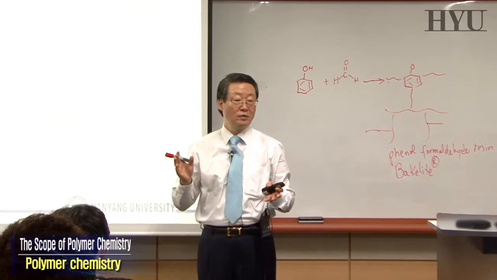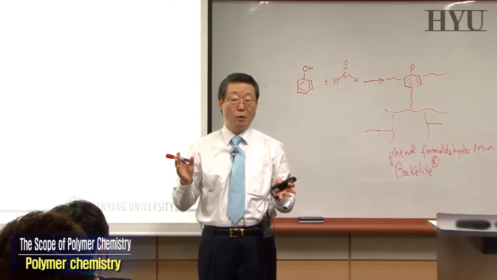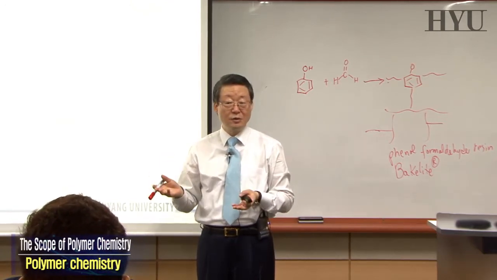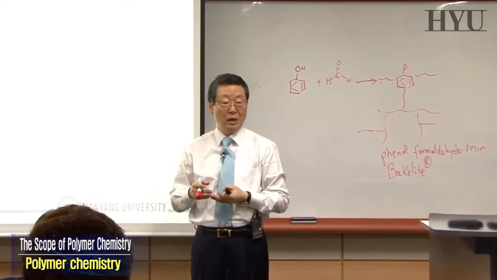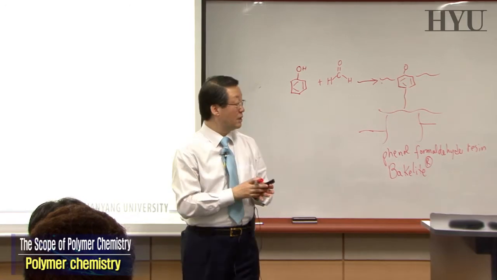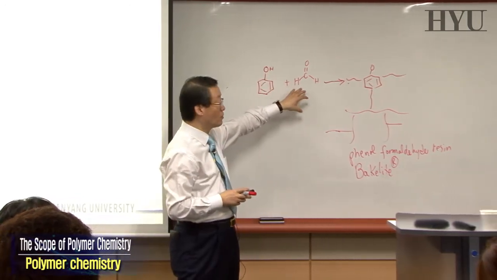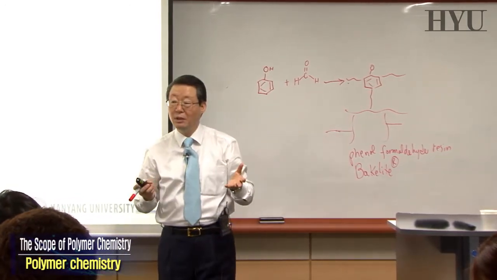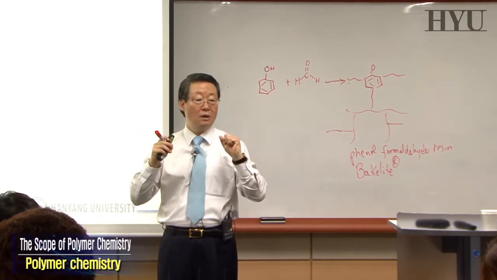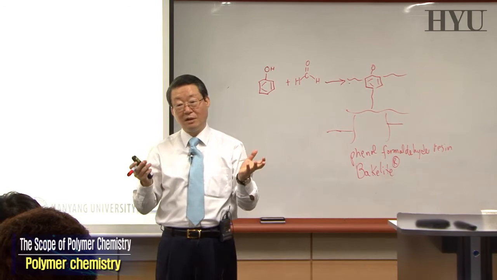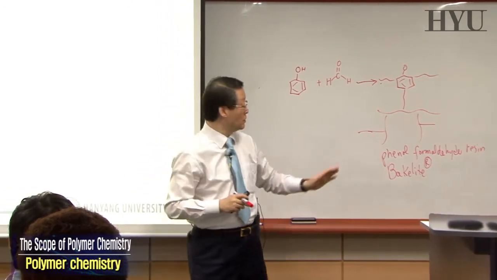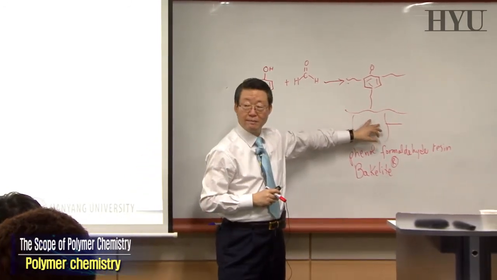But they didn't know whether this is a polymer or not. They didn't know at the time how many molecules were attached together. They thought that phenol and formaldehyde are maybe forming a hydrogen bonding, so they didn't know this was a cross-linked structure at the time.